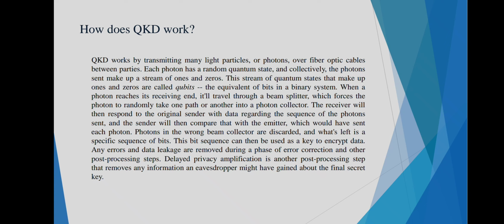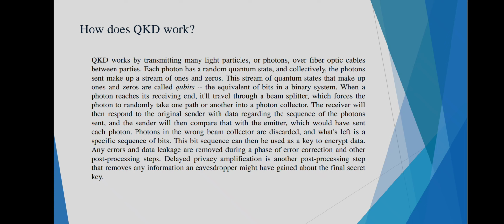Photons in the wrong beam collector are discarded, and what is left is a specific sequence of bits. This bit sequence can then be used as a key to encrypt data.